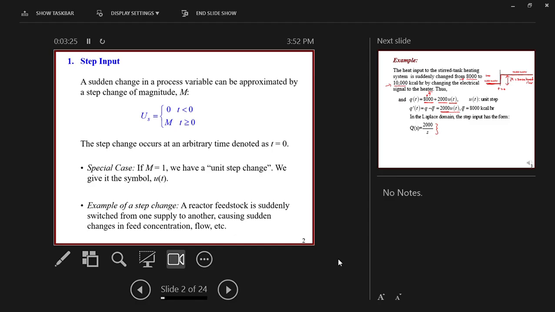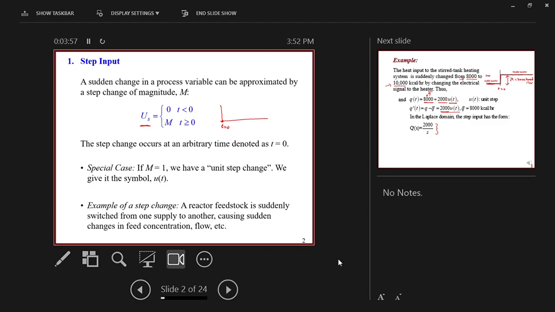All these changes will happen in a sudden manner at a certain time and raise the input from one value to another. The general form of the step change input of size M, we call it U of S, goes like this: we will start at time equal to 0.